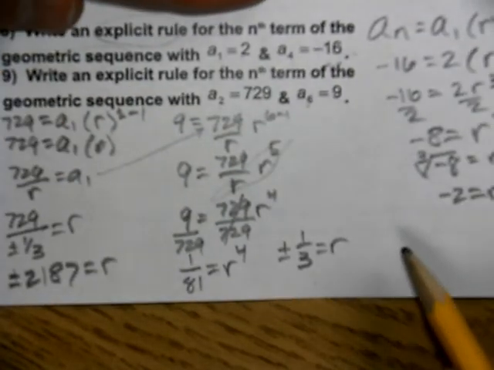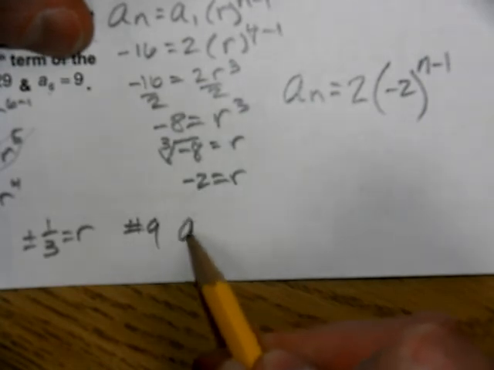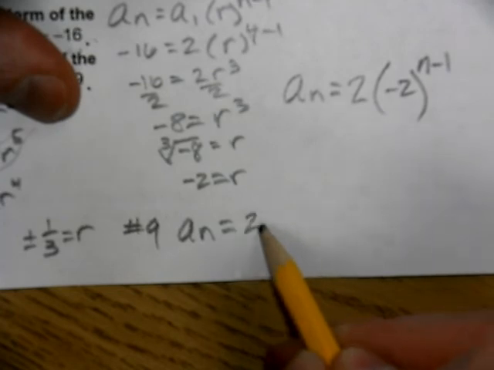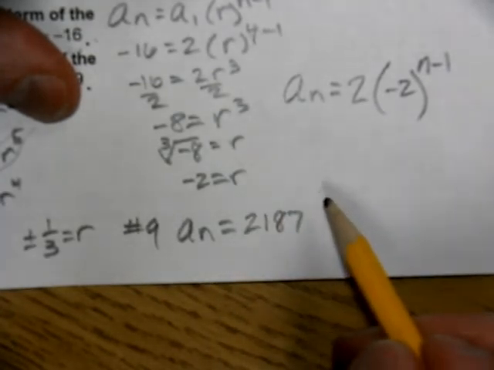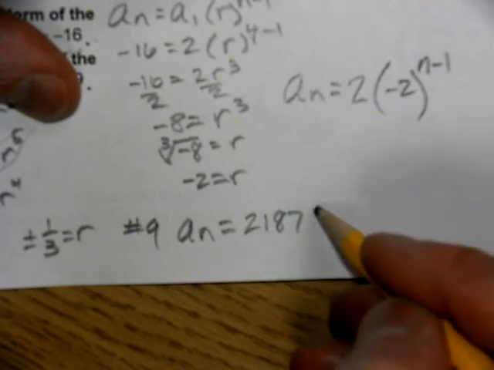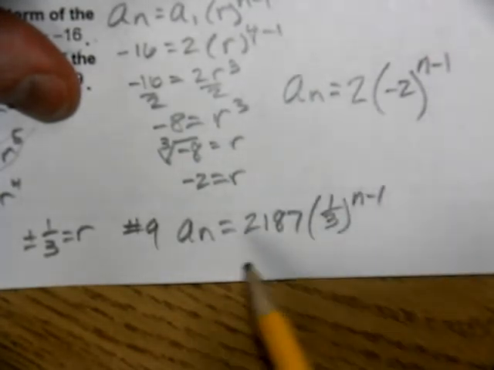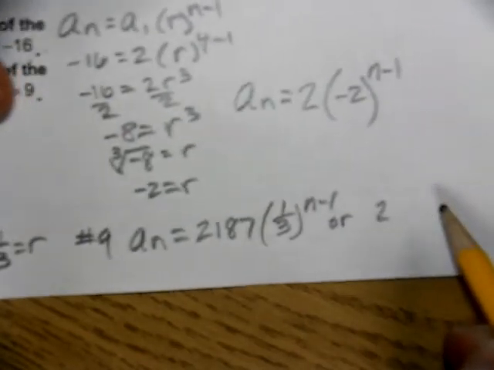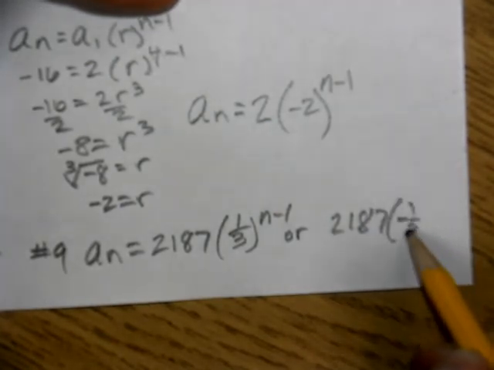So we're ready to write our final rule for number 9, and that is a of 1, which was 2,187, with a positive 1/3 to the n minus 1, or with a negative.